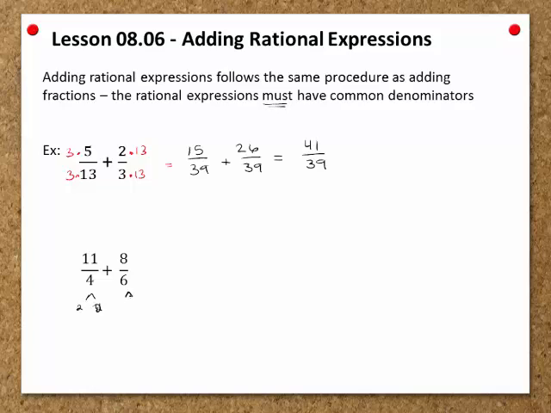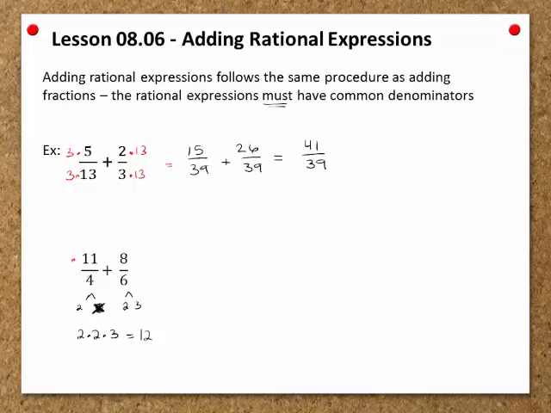If you factor your denominators, so 4 is 2 times 2 and 6 is 2 times 3, they have a 2 in common, so we get rid of one of them. And then you multiply what's left. So for the pair that have a number in common, cross out 1, multiply what's left. I have 2 times 2 times 3, and that gives me 12. So my smallest common denominator will be a 12.